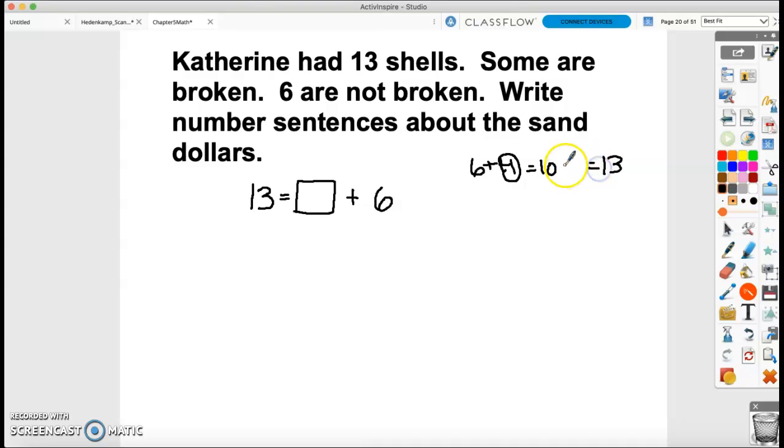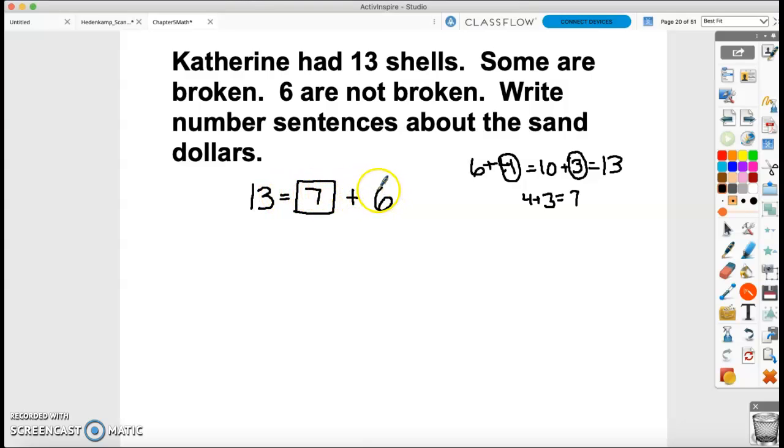So I know 10 plus 3 is 13. So those are the two numbers that I added, 4 and 3. 4 plus 3 equals 7. So 13 equals 7 plus 6.